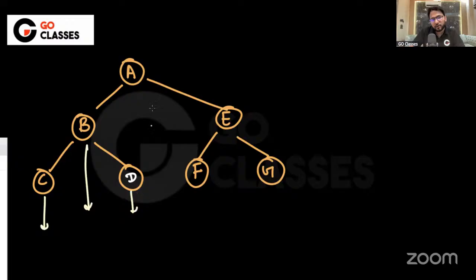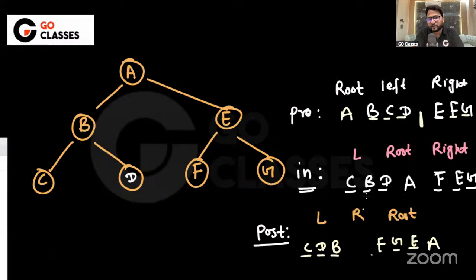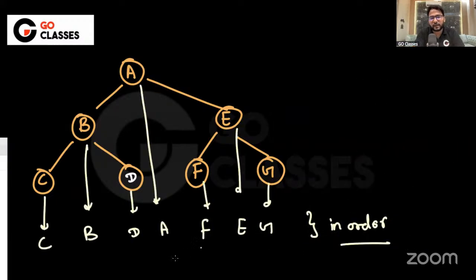See, you just directly squeeze it, directly project it. If you project it, it will be C, B, D, A, F, E, G. This is the in order. You don't need to do anything. You can check it: CBD, AFEG, right? So this is the in order that we have. You can easily find the in order this way.